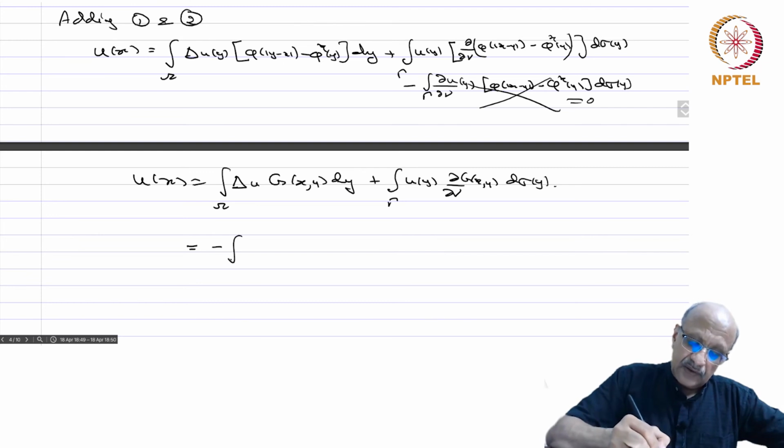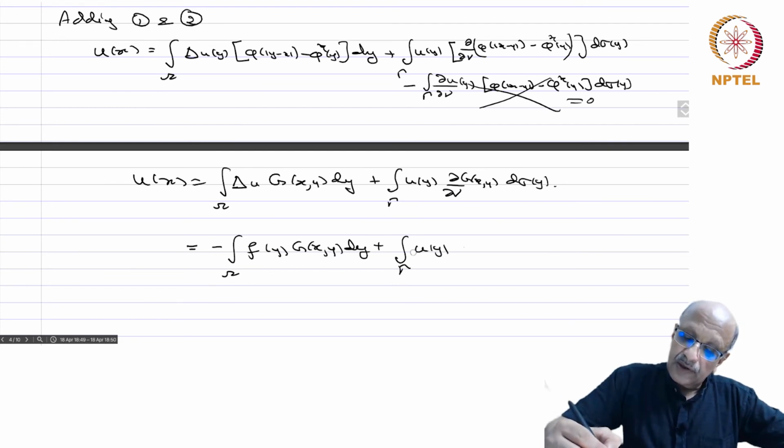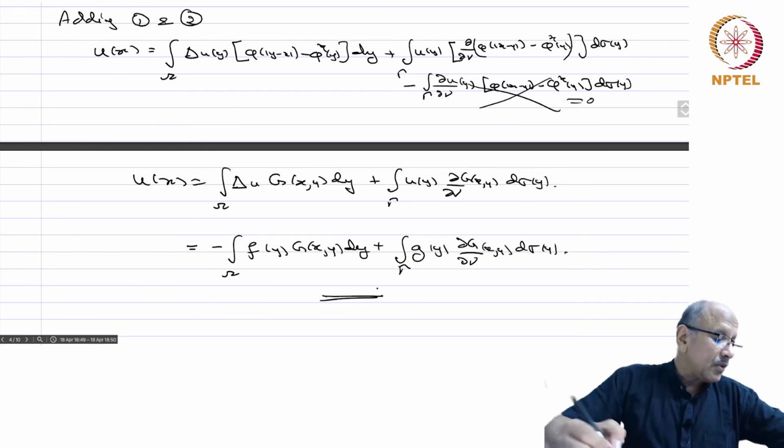So, this is minus the integral on Omega of f(y) G(x,y) dy plus the integral on Gamma of u(y) dG/d nu(x,y) d sigma, and that is exactly what we wanted to prove.